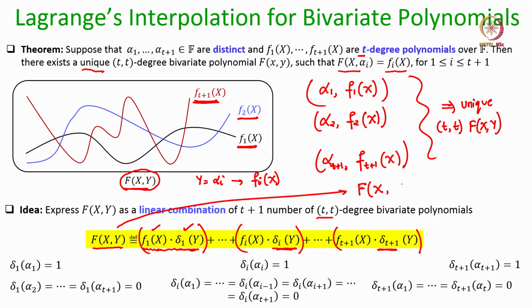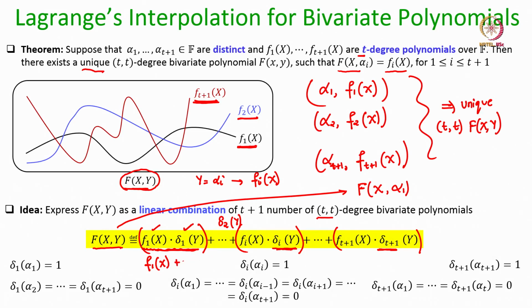So, if I evaluate it at say alpha 1, then the first term here will be f sub 1 x multiplied with delta sub 1 evaluated at alpha 1, but delta sub 1 evaluated at alpha 1 is nothing but 1. Now, if I take the second term for this f of x y, it will vanish, because in the second term there will be a contribution of delta sub 2 y polynomial, and delta sub 2 y evaluated at alpha 1 will give you the value 0.